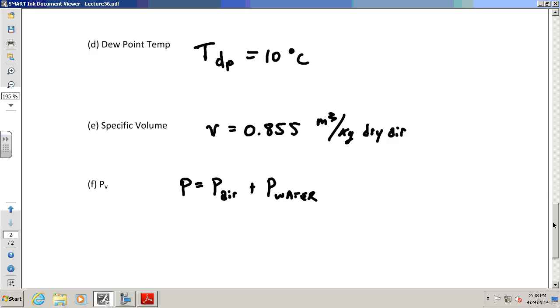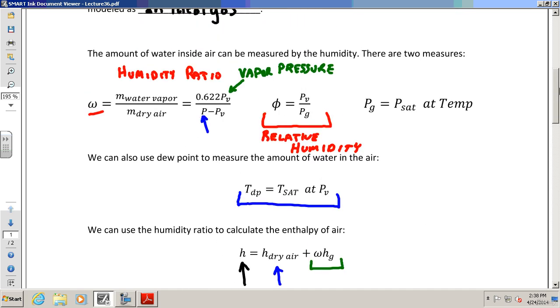So what's the vapor pressure here? There are two different ways I can see very simply to calculate this, given the equations that you already have. The easiest way is to use the relative humidity, because the relative humidity is equal to the vapor pressure divided by the saturation pressure. So let's just use that.